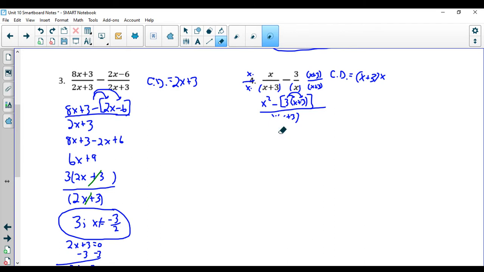I'm going to rewrite this. So minus, and then inside the bracket still, 3x plus 9, because I just distributed that 3 through. Now I have to distribute the negative sign. So I'd have x squared minus 3x minus 9.